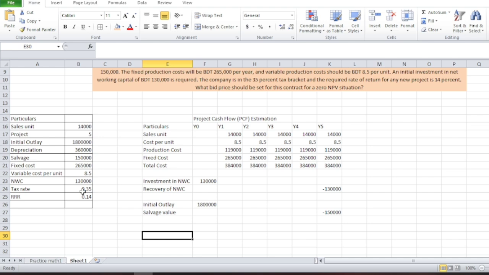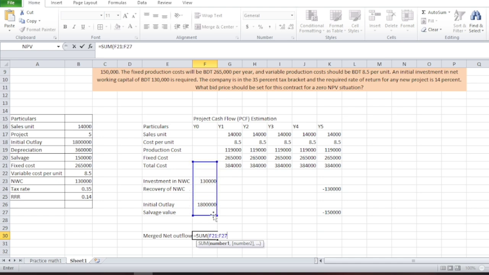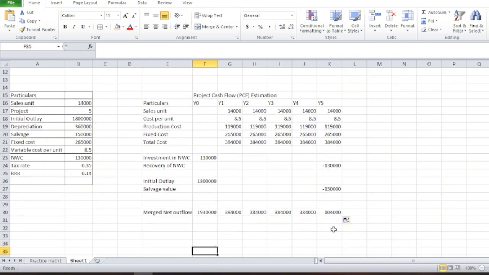Now we will find our net outflow. For the formula, the formula is equals to sum of these. So this is our net outflow.